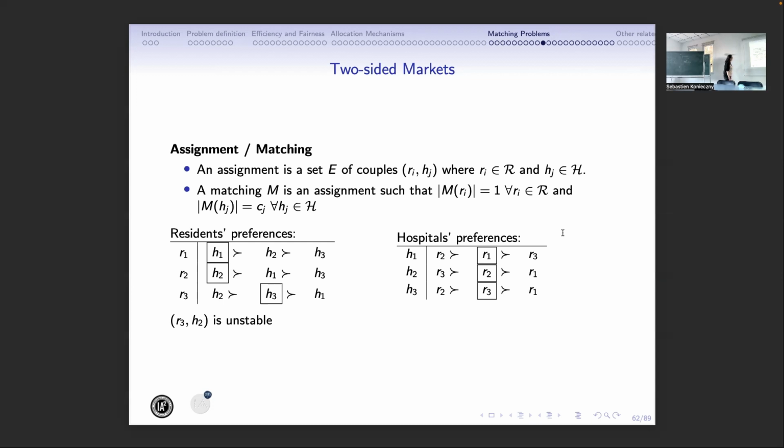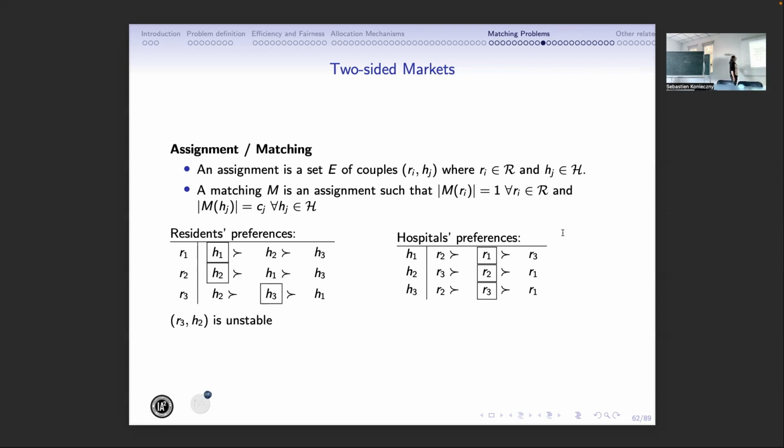The matching is the boxed allocation. In fact, if you have the allocation for the resident side, you can deduce the allocation for the hospitals. It's just to be easy to read, I have mentioned the allocation on both sides. So in my matching, I have 3 couples: R1 with hospital 1, R2 with hospital 2, R3 with hospital 3. And this is the reverse.